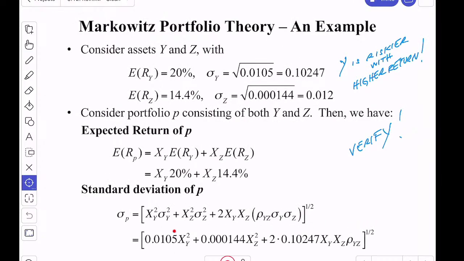This is the formula I'm using to generate this graph, and I keep varying 3 variables, XY, XZ, and correlation. So those are the variables that I'm playing with to make that graph. And I'm plotting the standard deviation on the x-axis.